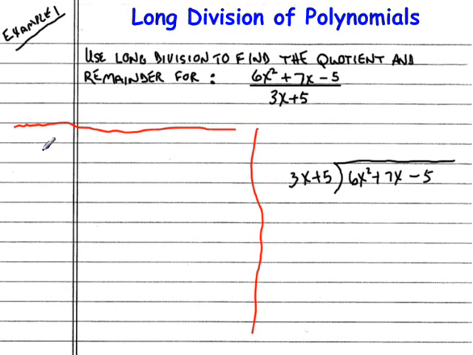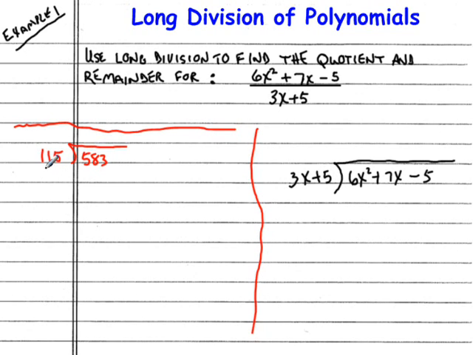Suppose we were dividing, say, 115 into, let's say, 583. The way we begin this is we ask ourselves, how many times will the biggest part of this divisor divide into the biggest part of the dividend?